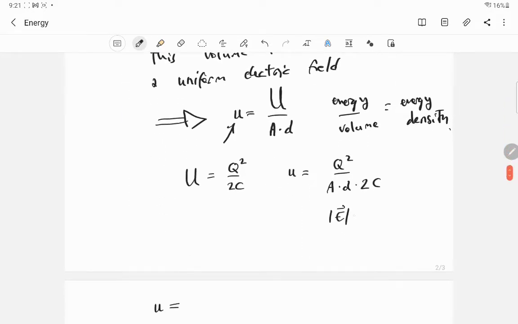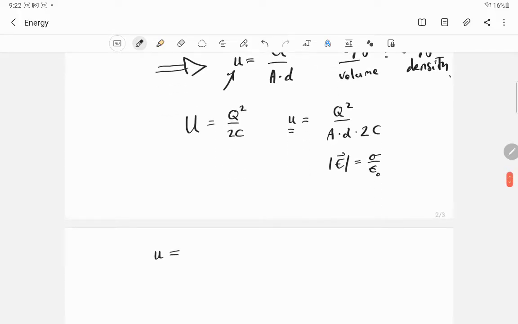So I want this to show up in my expression for u, so I'm going to force it to show up. One of the ways that I can see it get forced is I know that sigma is simply the charge on one of the plates divided by the area. So I'm going to take one of the q's, divide, and it's already divided by the area, so I've still got q over d, right, times 2c on the bottom.